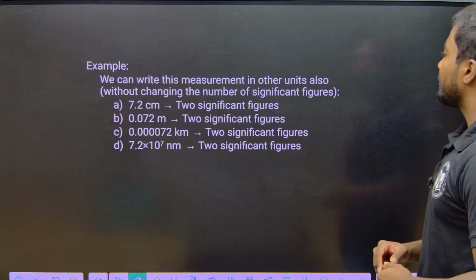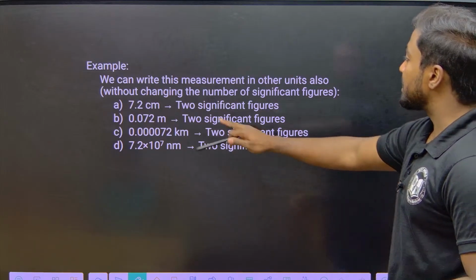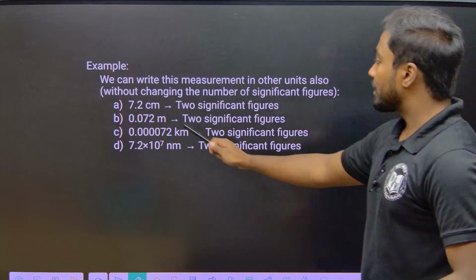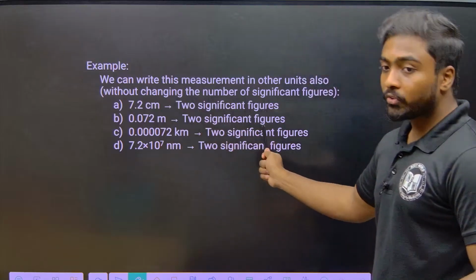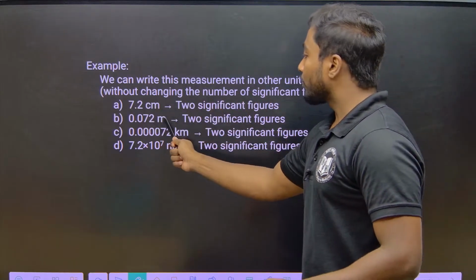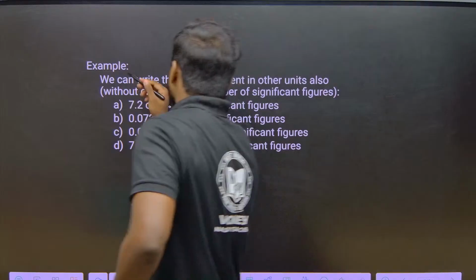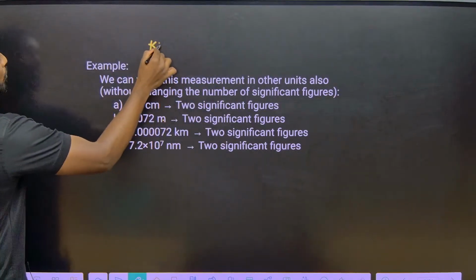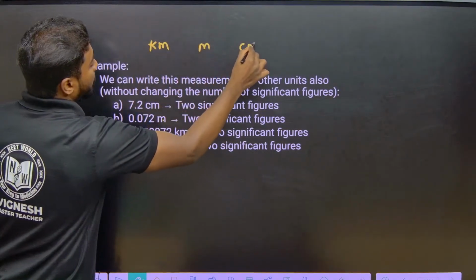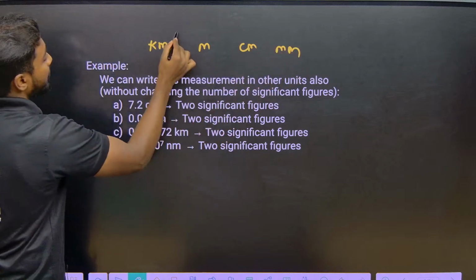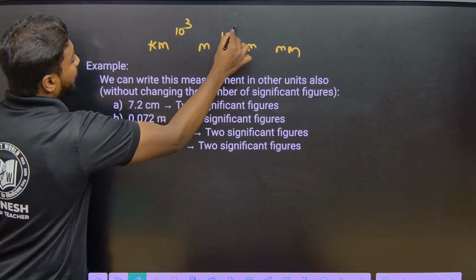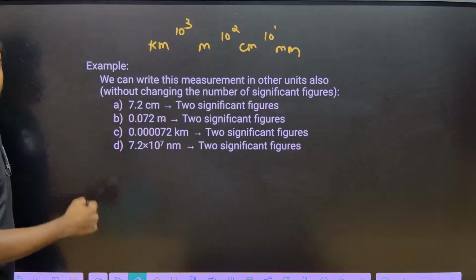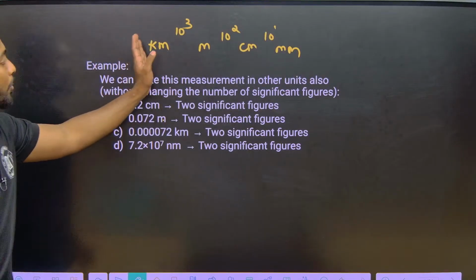We can write this measurement in other units also without changing the number of significant figures. So 7.2 centimeter has 2 significant figures, 0.072 meter, like I can write like this. So kilometer, meter, centimeter, millimeter. The conversions are 10 power 3, 10 power 2, 10 power 1. This is the conversion from kilometer to millimeter.